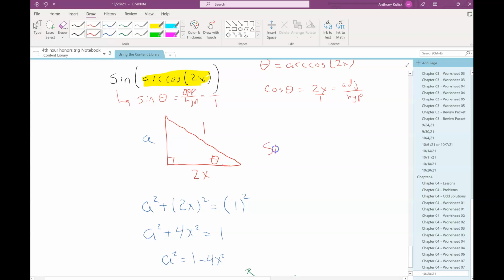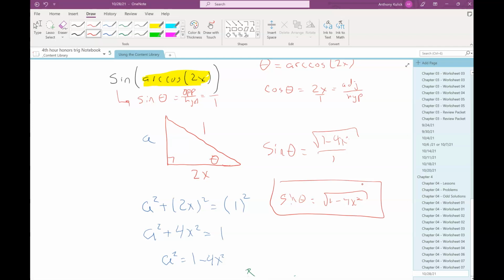So sine theta is going to be square root of 1 minus 4x squared over 1, or just square root of 1 minus 4x squared. Yeah, it essentially turns out to be our final answer.